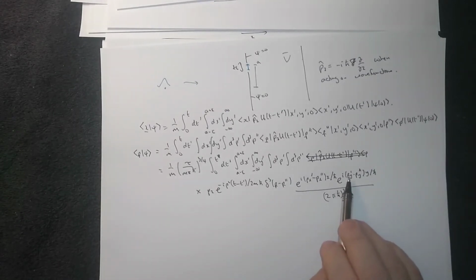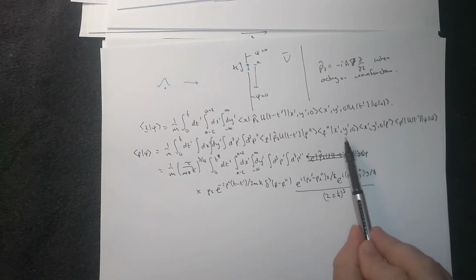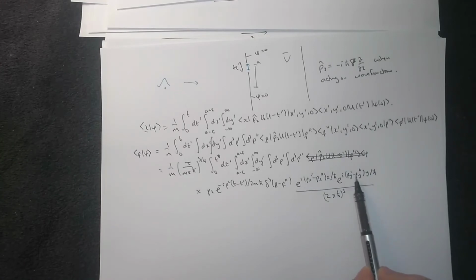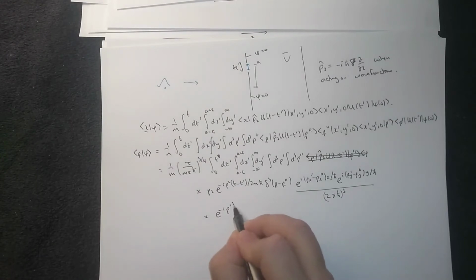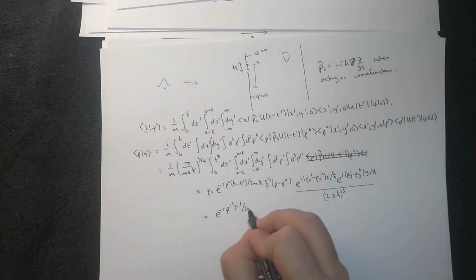There's an e to the i pz prime, pz double prime times not z but 0, so that term doesn't appear, times e to the minus i p prime squared t prime over 2m h bar.